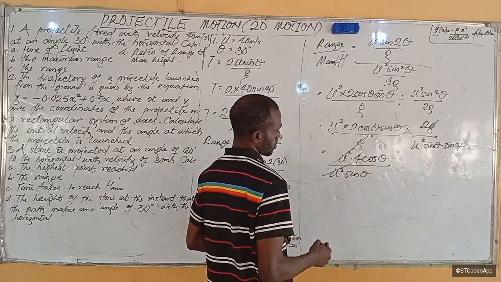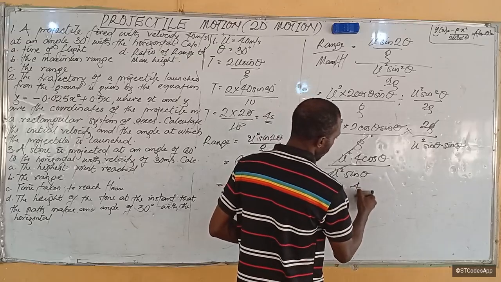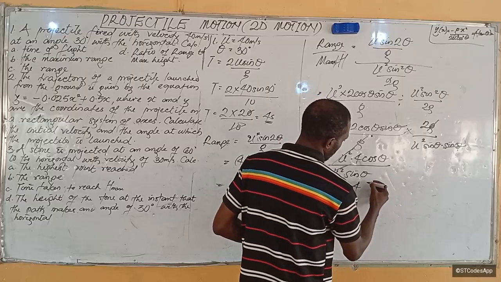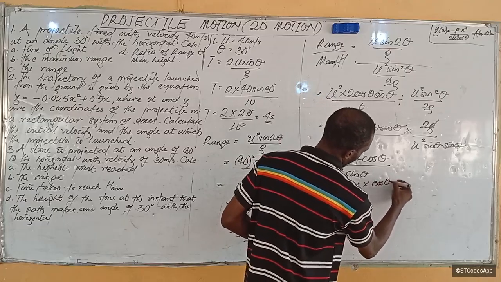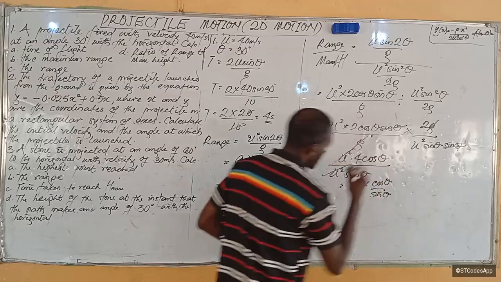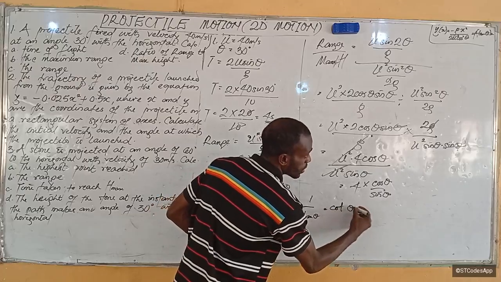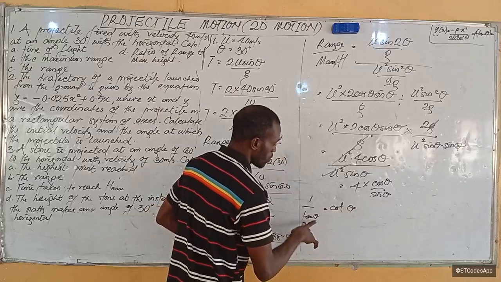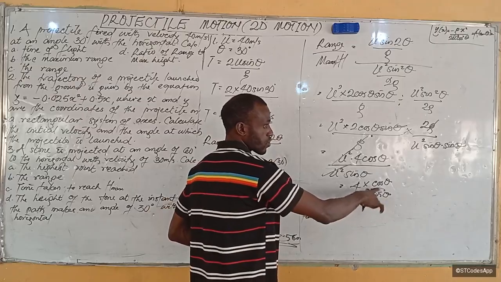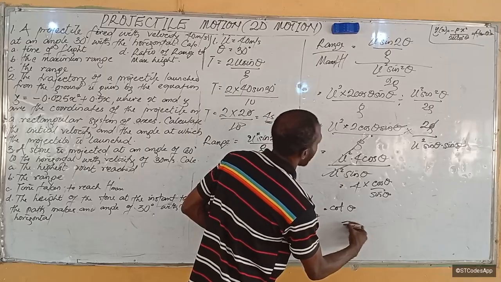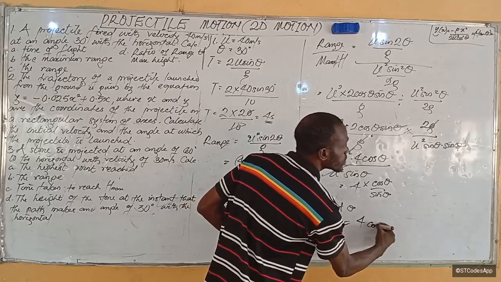The u squared cancels, so the answer is 4 cos theta over sine theta. Remember that 1 over tan theta is cot theta, and 1 over tan theta is cos theta over sine theta. So our formula becomes 4 cot theta.